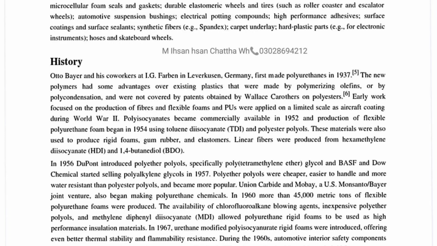In 1960, about 45,000 metric tons of flexible polyurethanes were produced. Availability of the various blowing agents and inexpensive polyether polyols and methylene diphenyl diisocyanate allowed polyurethane rigid foam to be used in high performance insulation.